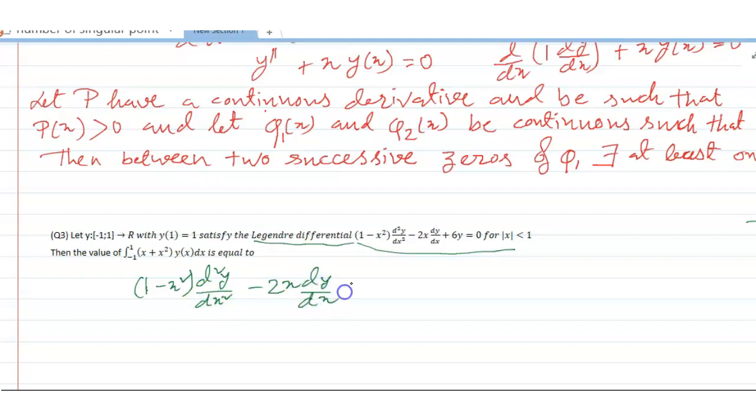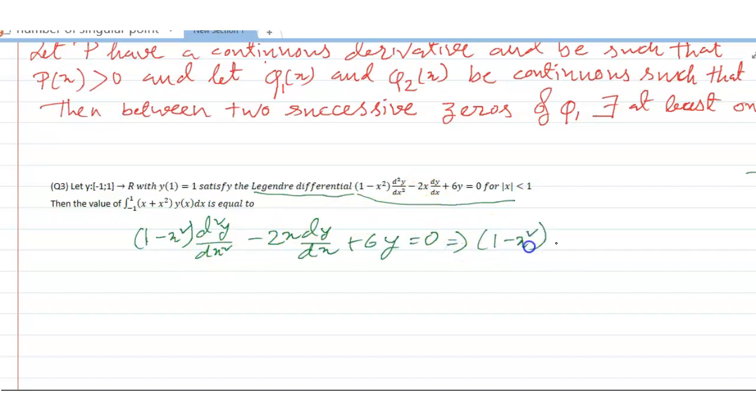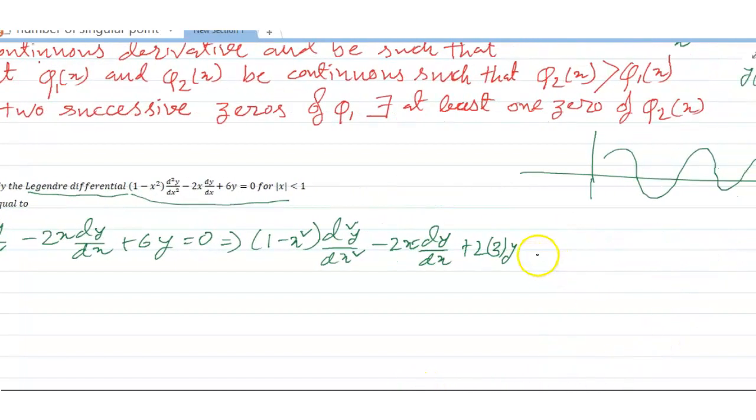This is the Legendre polynomial equation, which can be written as (1 minus x squared) d²y/dx² minus 2x dy/dx plus 2 times 3 times y equals 0.